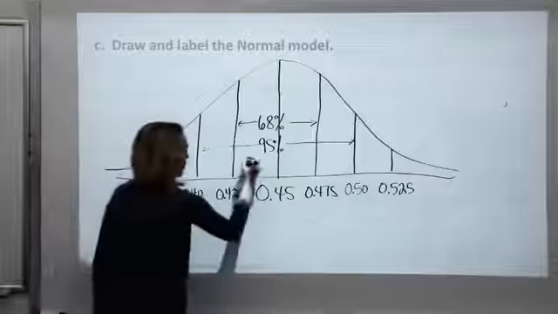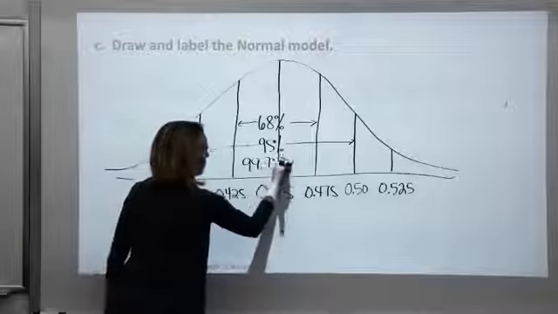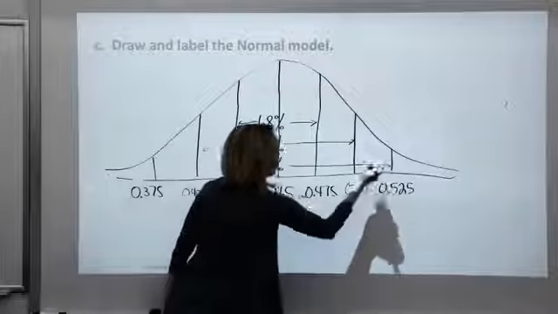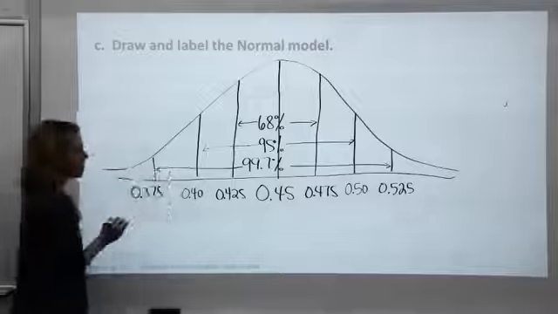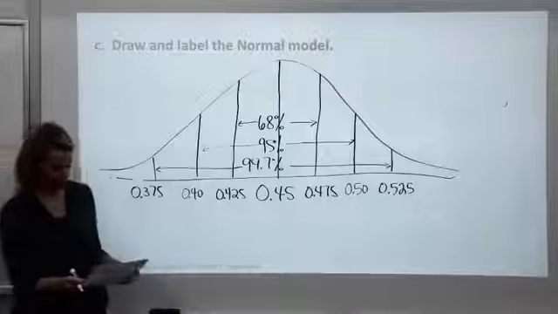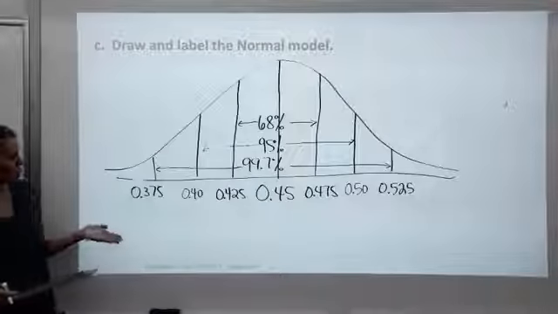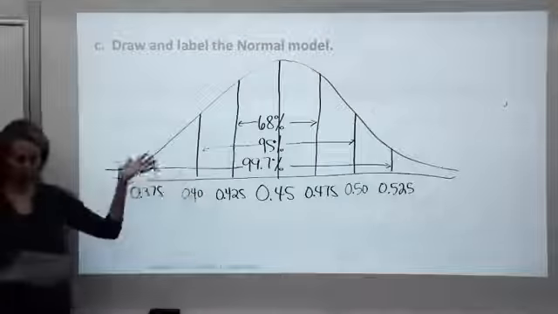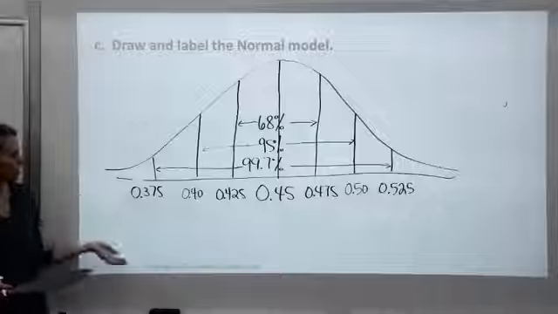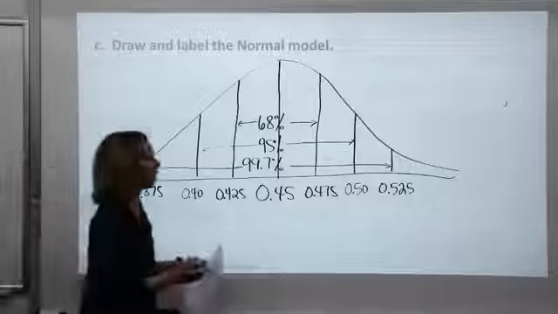And almost all the time, we'll end up with sample proportions that fall within 3 standard deviations of the mean. One thing to note, this model is based on the assumption that the population proportion was 0.45.